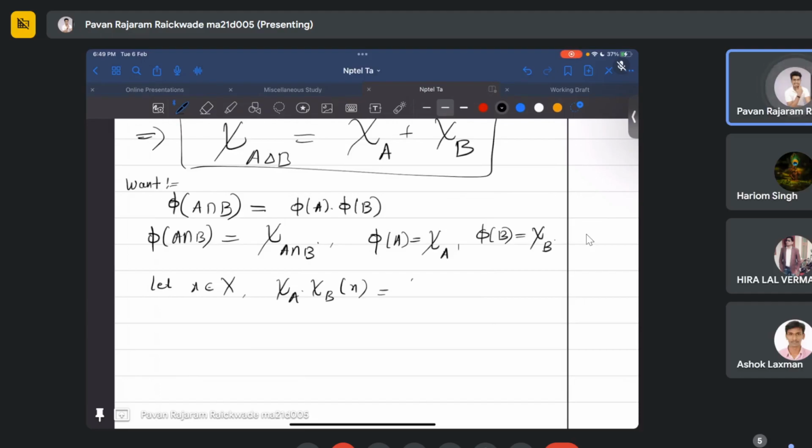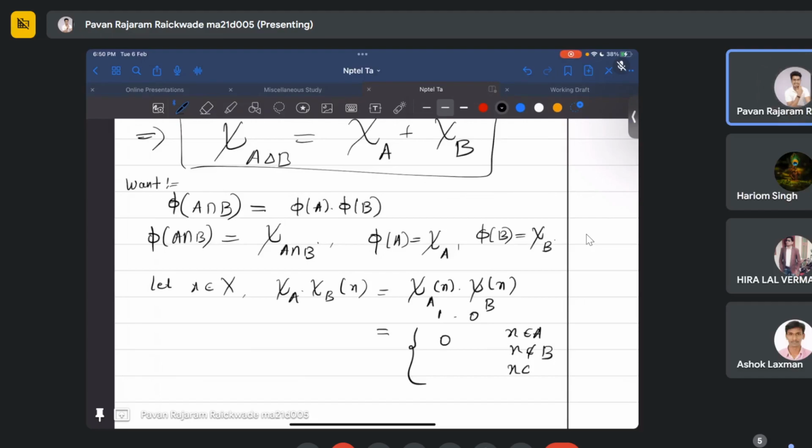This value is chi A of x dot chi B of x. The product is non-zero if and only if both of the terms are non-zero. Suppose x is only in A and not in B, then this is 1, this is 0, and the product is 0.